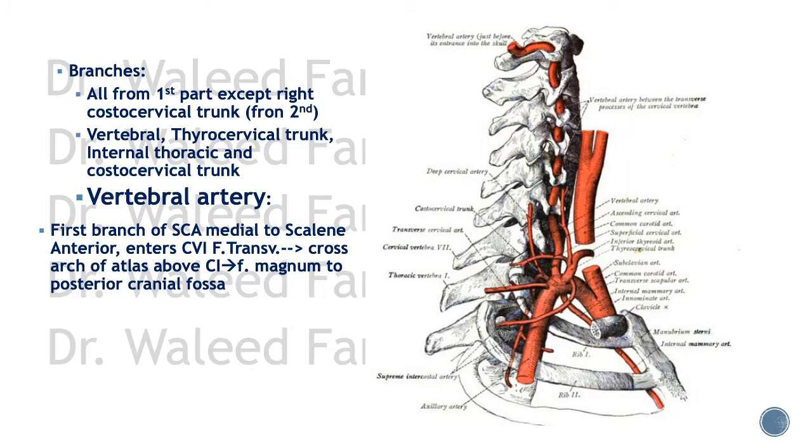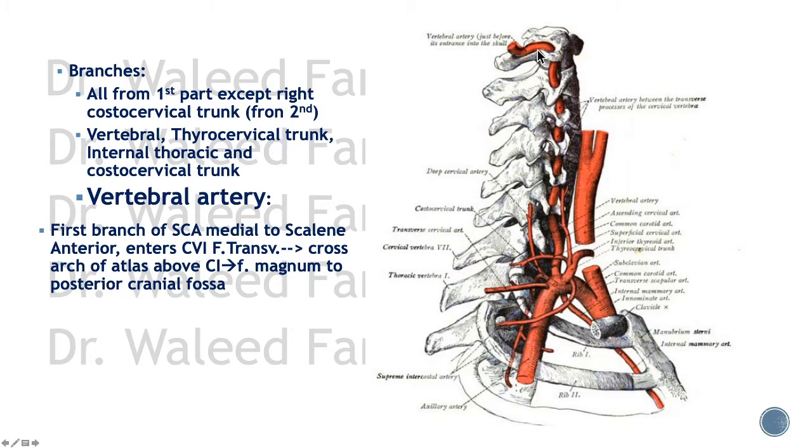The first branch is the vertebral artery. It enters the foramen transversarium of C6, not 7. Be careful with that. It ascends in the foramina transversaria of C6, 5, 4, 3, 2, 1.